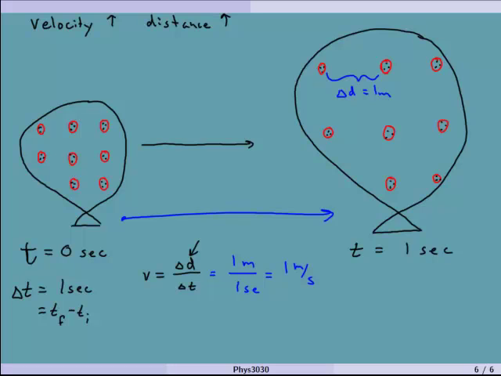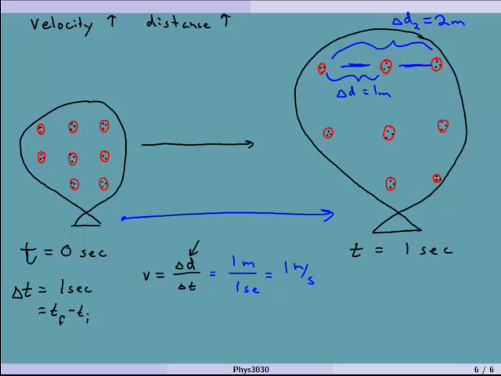But if the change in distance between those two ladybugs is 1 meter, then the change in distance between these two is equal to 2 meters, because they're double the distance away from each other, right? Because if this is increased by 1 meter, then this is increased by 1 meter.